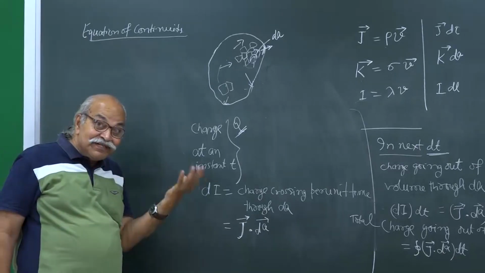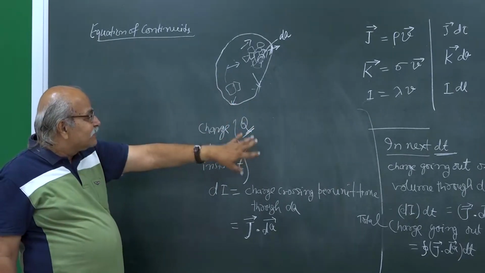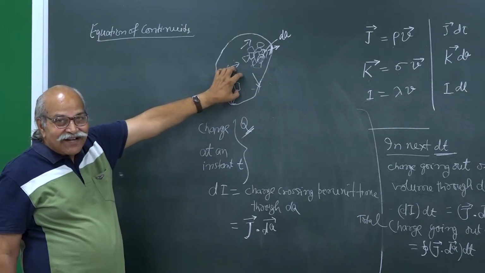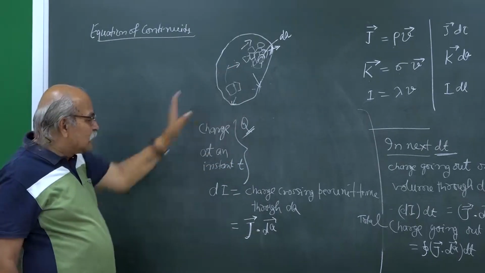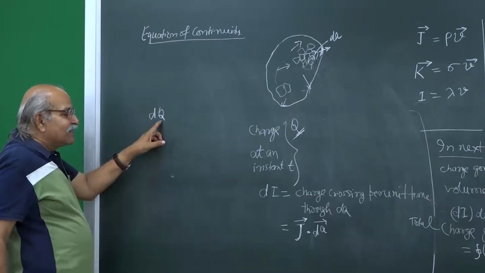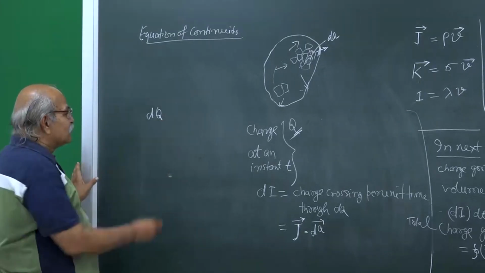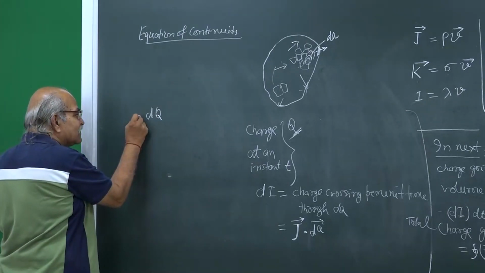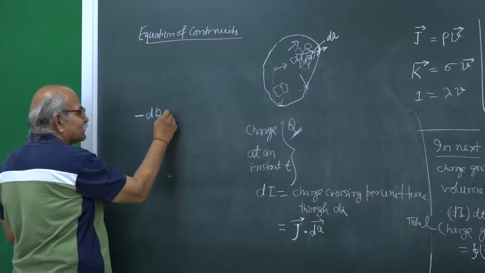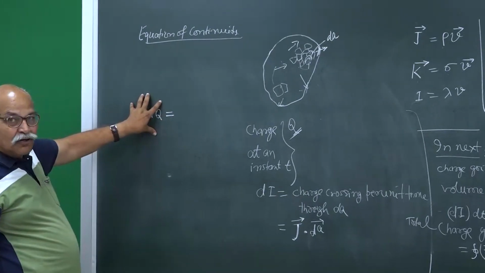Now, in time dt some charge has gone, so at t plus dt the charge will be less than that. When we say dq in calculus, it is always taken as the increment in q. Since it is decreasing, dq itself is negative. So minus dq is equal to this much charge that has gone out.